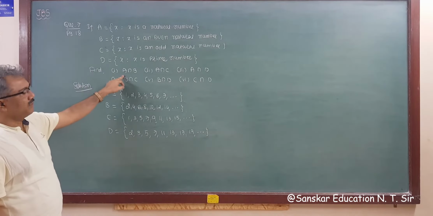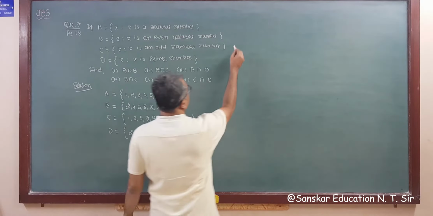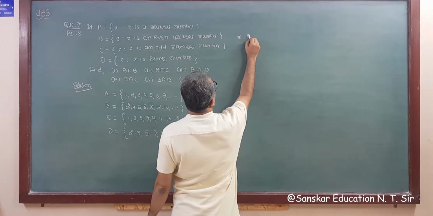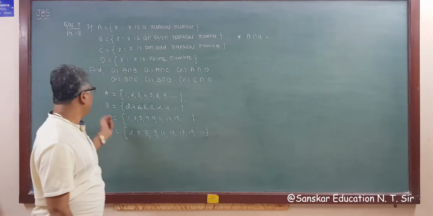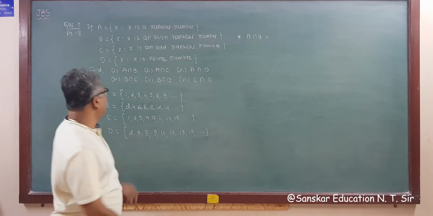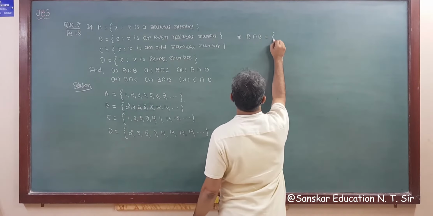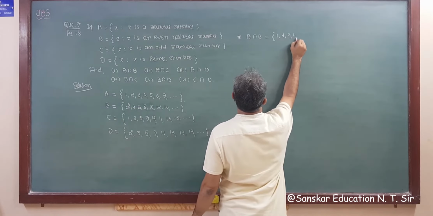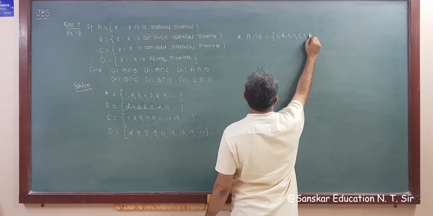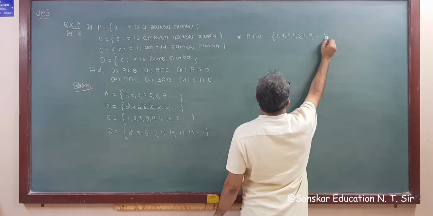Now we have to find A intersection B first. So first answer, A intersection B. Now set A is this and B is this. Set A is 1, 2, 3, 4, 5, 6, 7, and so on.